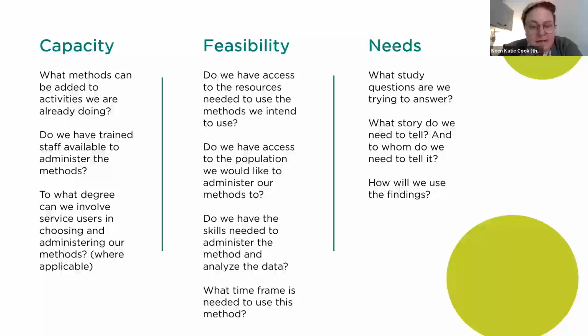Our data collection doesn't always have to be a unique activity. There are things you're already doing in administering your project, and sometimes collecting data can piggyback on those activities. That can help with some capacity issues.